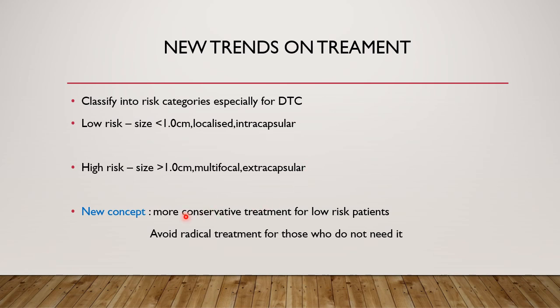So the new concept is more conservative treatment of the low risk cases, so as to avoid radical treatment for those who do not need it. High risk patients must be aggressively treated with all the available methods: surgery, radioiodine ablation, and TSH suppression.